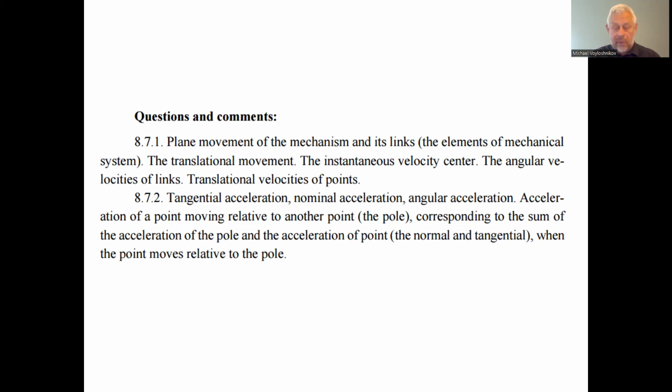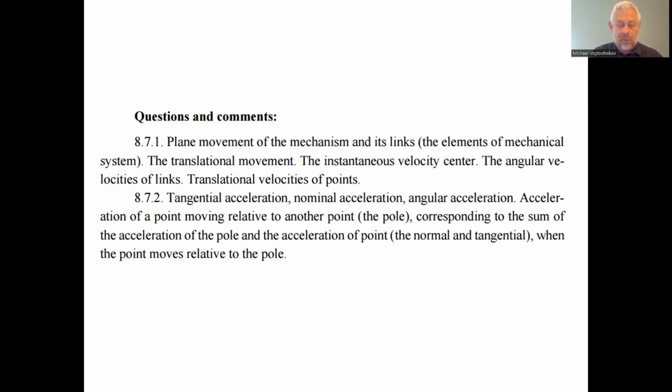When we consider a mechanism and a definite mechanical body, and we have information about the angular acceleration and the angular velocity of the body, and the translational acceleration of any point of the body, we can find the translational acceleration and components of all points of the body having these three indexes.